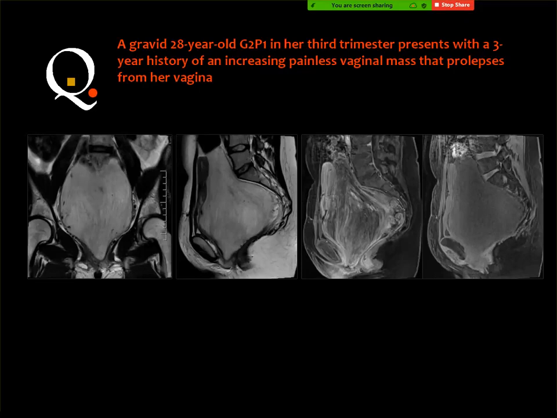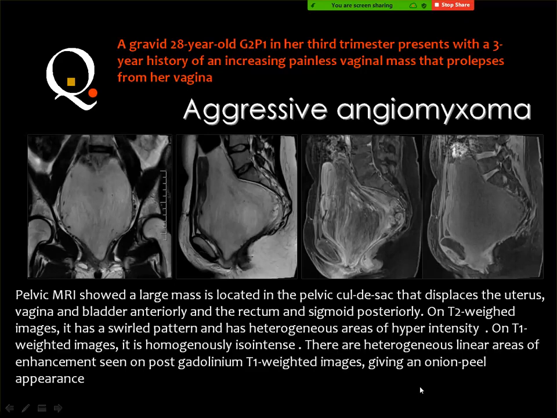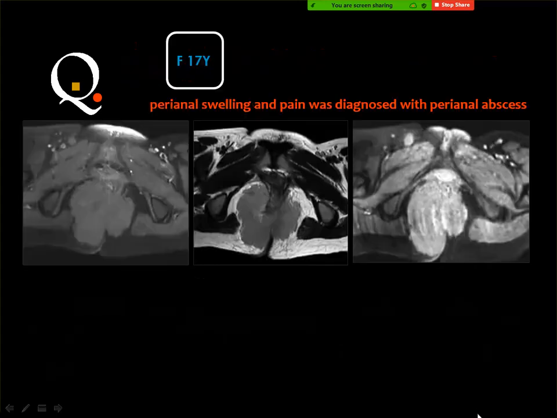No. This is aggressive... I don't remember the name. This is aggressive angiomyxoma. Yes, very good. And this is a classic appearance. You know, the strandy appearance and the huge size of the tumor. This is aggressive angiomyxoma.